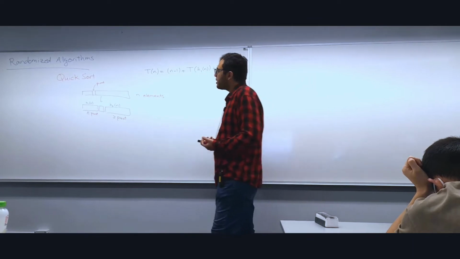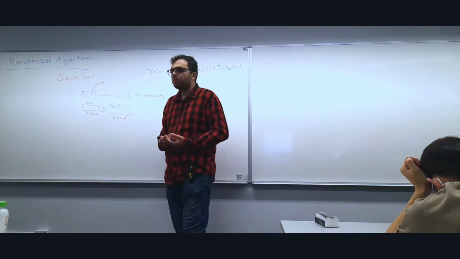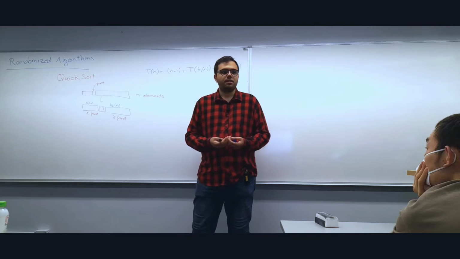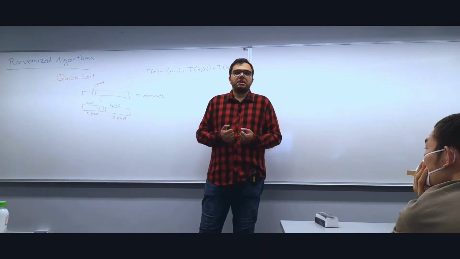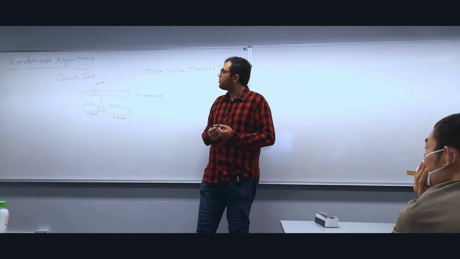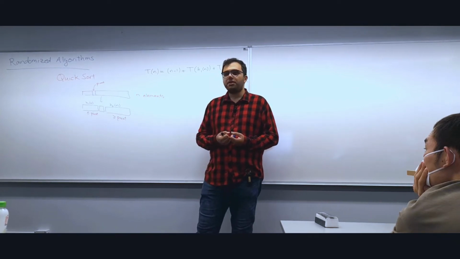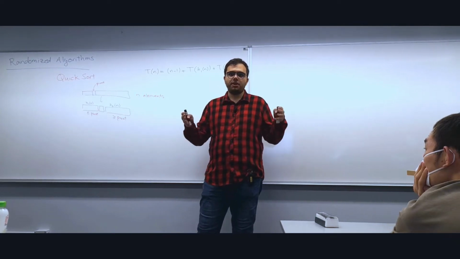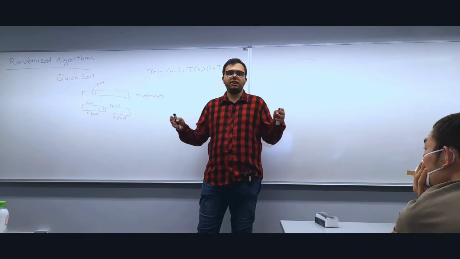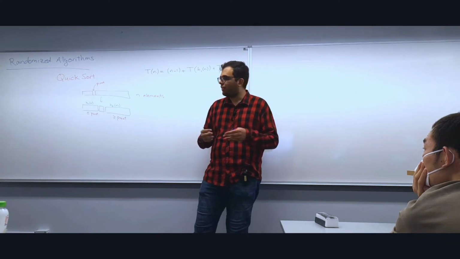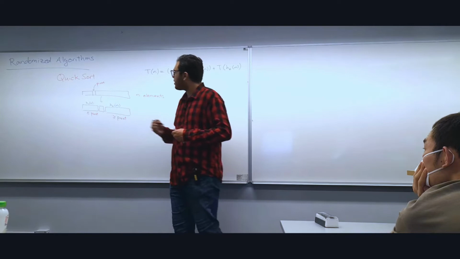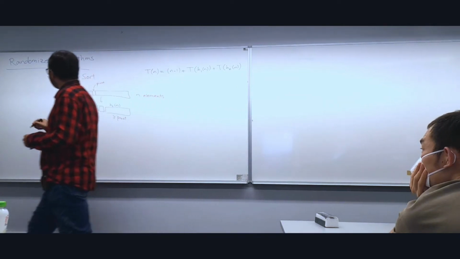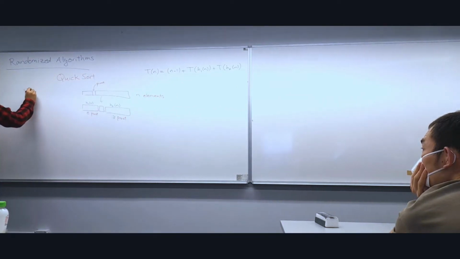Well, we are assuming that we have some sort of distribution over the inputs, right? So if I say the average runtime of QuickSort is n log n, I'm probably assuming that every possible sequence of input is equally likely. So if I have n elements, let's say that I'm always doing my QuickSort over the elements 1, 2 to n.